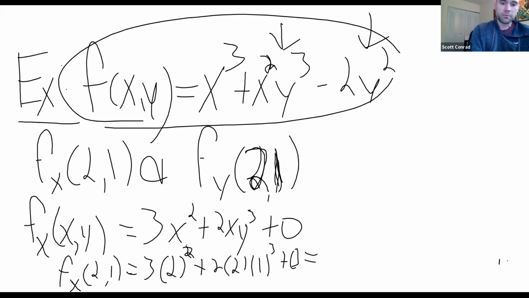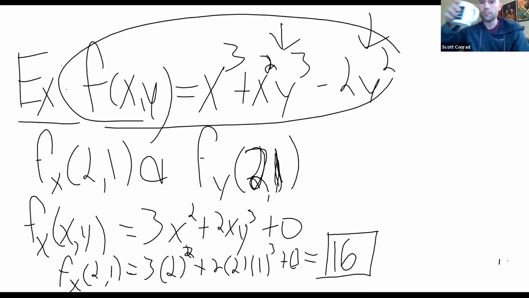And so we get 3 times 4 plus 4. So we get 16 for the partial with respect to x at the point 2, 1.